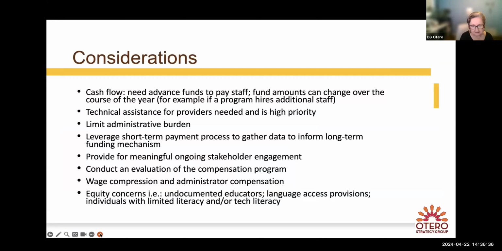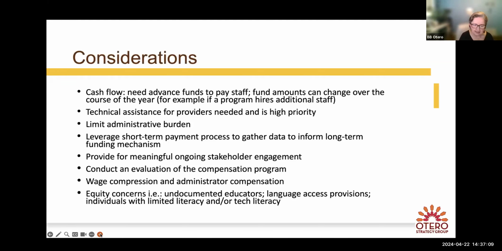There had to be a lot of technical assistance to providers, because we found a lot of providers needed help in getting their finances straight to be able to provide the data they needed in order to get the funding for salaries. So there's a base salary set in place, let's say $32,000 a year for an assistant teacher. And then the dollars that come from this fund make up the difference between that and the salary scale.